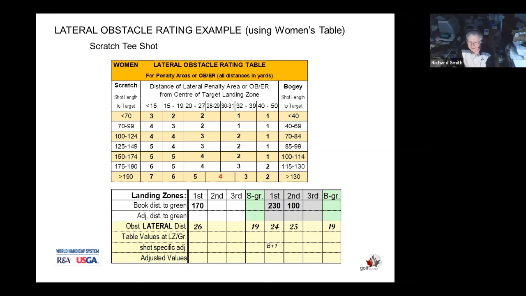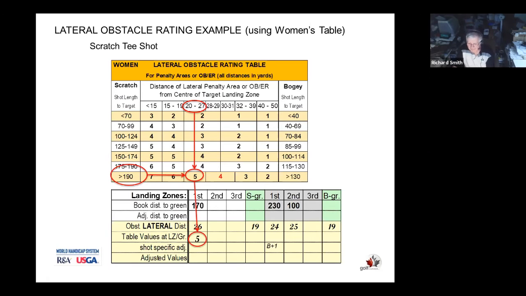Okay, how do we interact now with the table? Well, tee shot 190 to a 26, that's in this column. You'll note that there is one place where my table has a tweener inserted down here. So we're going to get a 5 off the table.